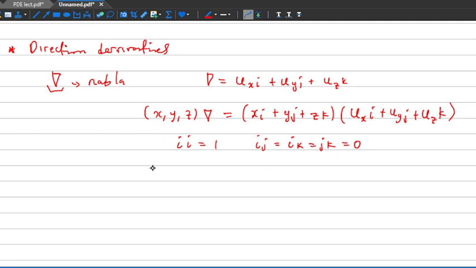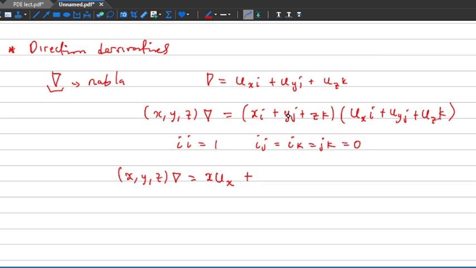So i times k and j times k will give us 0. Meaning that when you have x, y, z and nabla, and you distribute x times everything here, i times i will be 1, then we have ux.